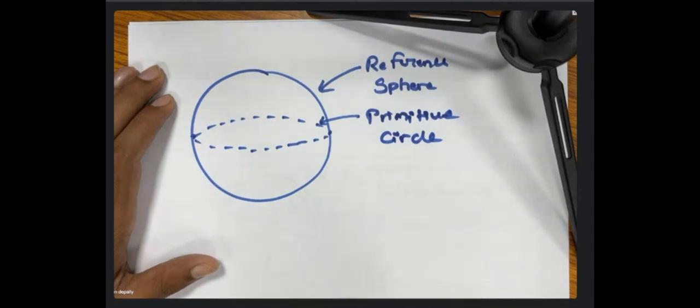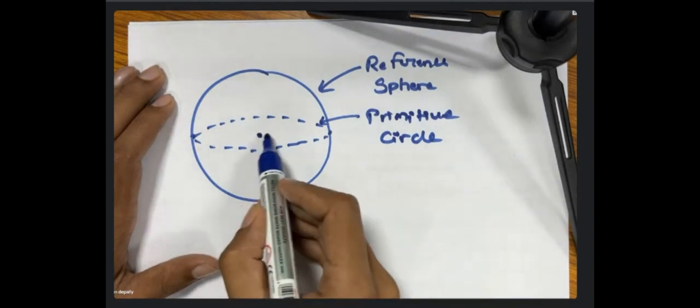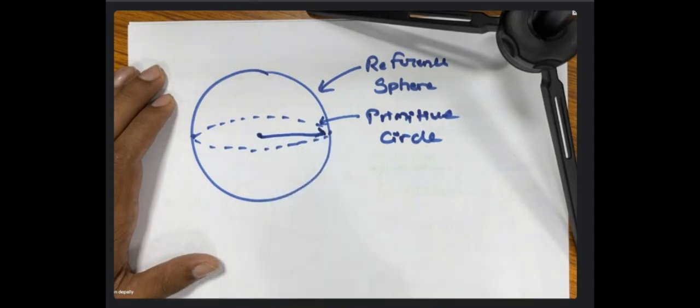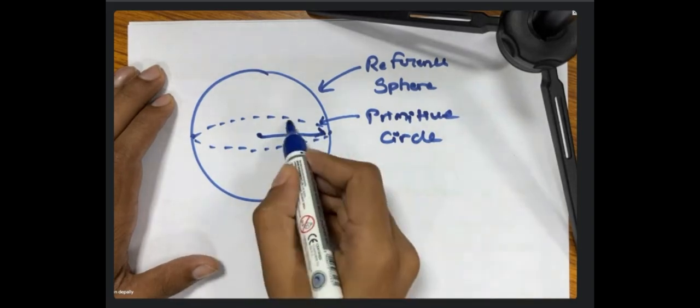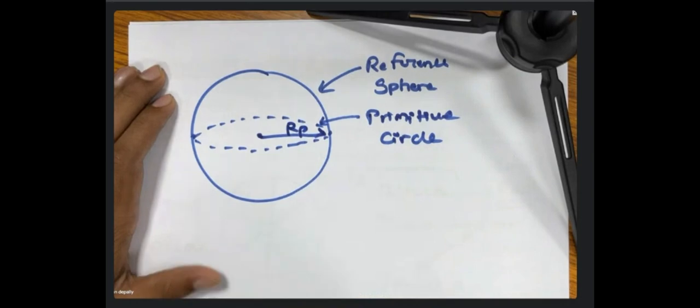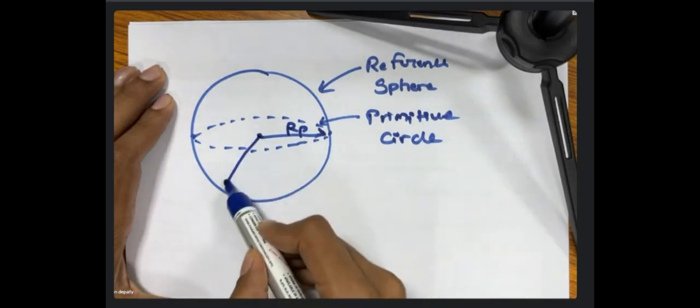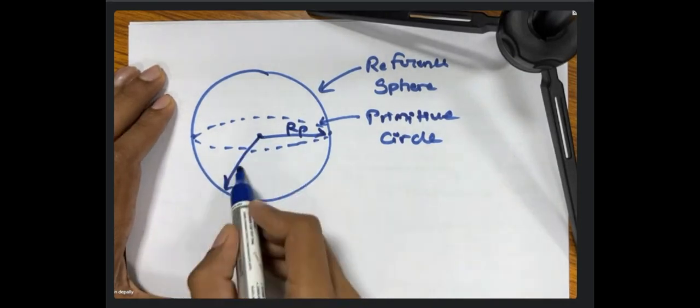So what is the radius of this particular primitive circle? The radius is this, Rp, and the radius of the reference sphere is again Rs.